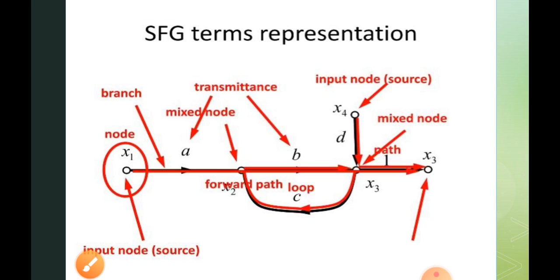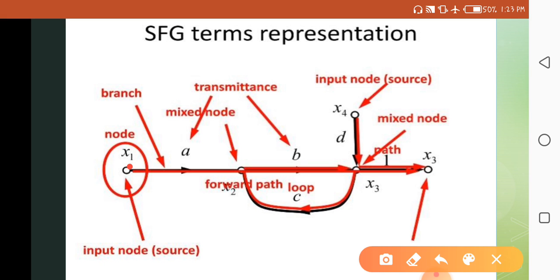Now the representation of SFG terms. Here we see that X1 works as the input node and X3 works as the output node, and the node between the starting and ending point is known as a mixed node.